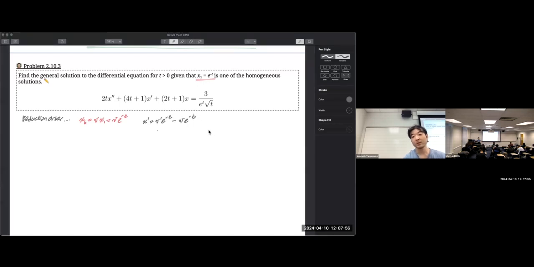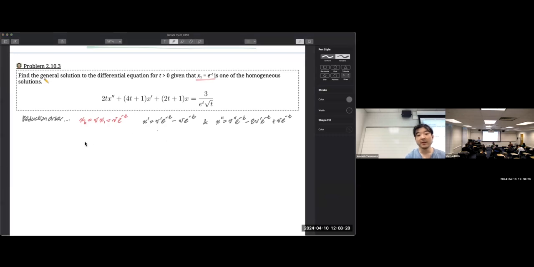That's just the product rule, assuming v is a function of t. The second derivative equals v double prime e to the negative t, then you'll have two of these terms from the product rule, plus the last term, v e to the negative t. This is because of the chain rule and the negatives.